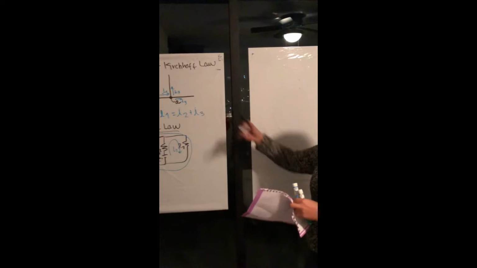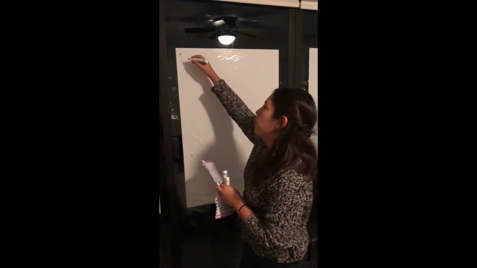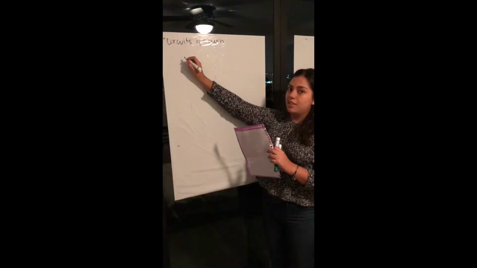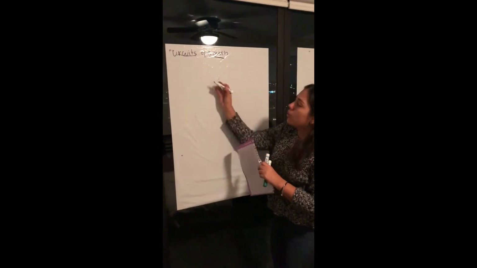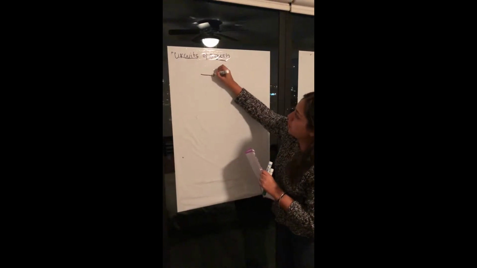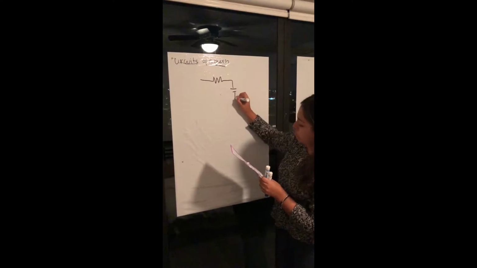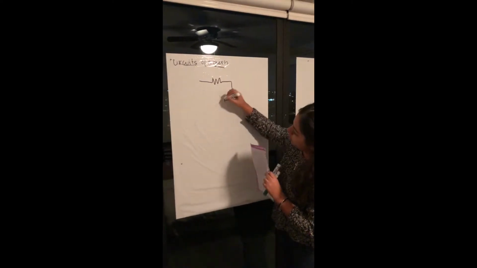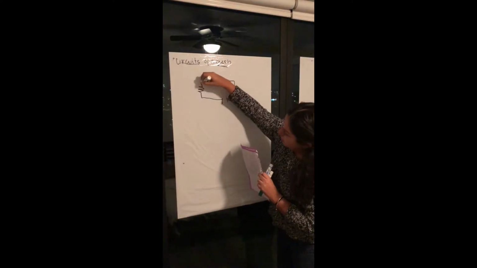Now that we've established the laws that we're going to use to solve our circuits, we have to talk about circuits of a mesh. These ones are quite easy since we're just going to have a resistor, a voltage source, another voltage source, and another resistor.